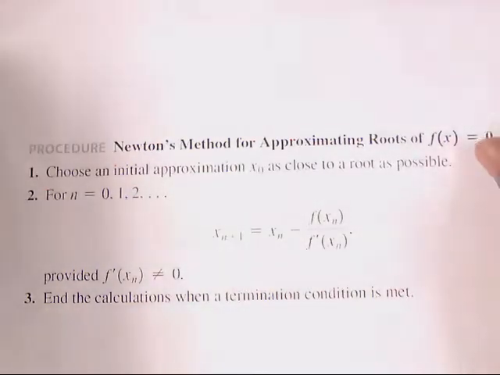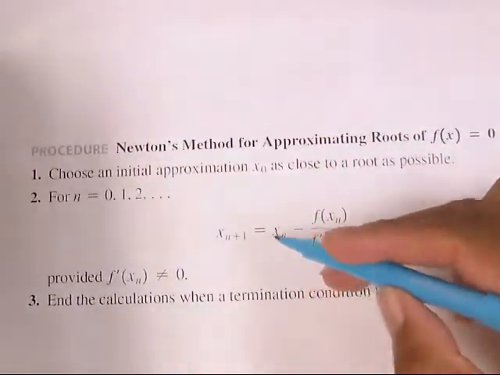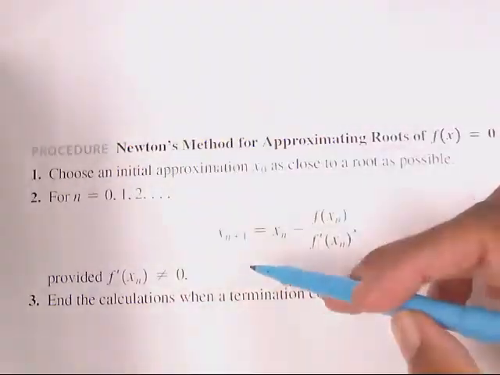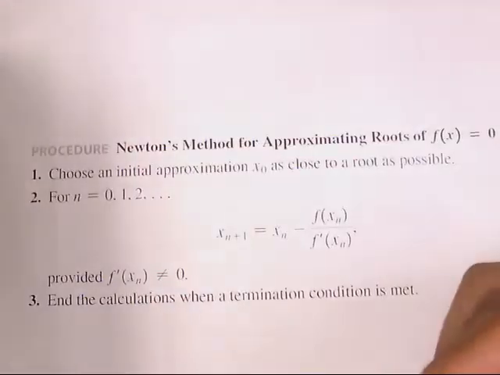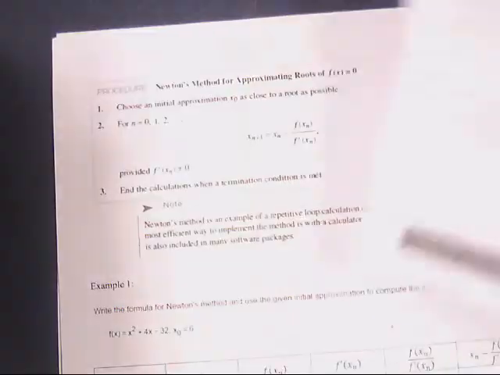And what do I mean by a termination condition? That means if whatever you come up with for x of n plus 1 remains the same, then you can end the calculations here.